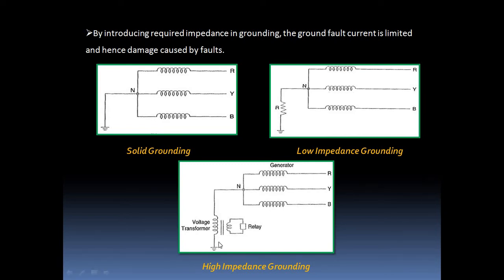That will restrict the fault current, and by placing the relay at the secondary of the neutral grounding transformer, we can detect the fault current flowing through the neutral. Thereby we can safeguard the stator winding.